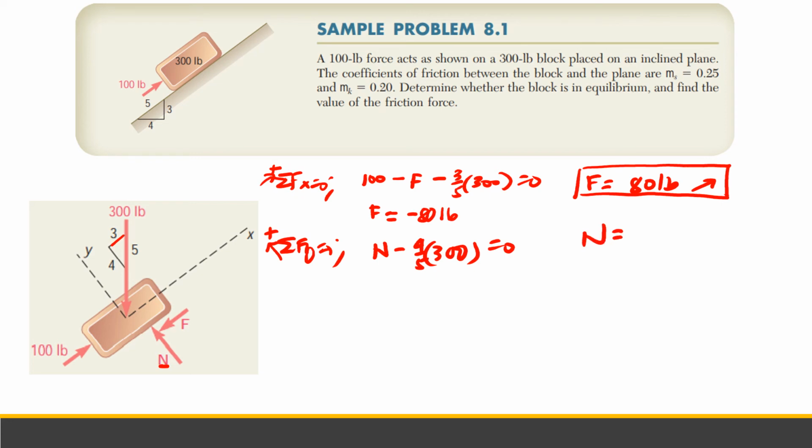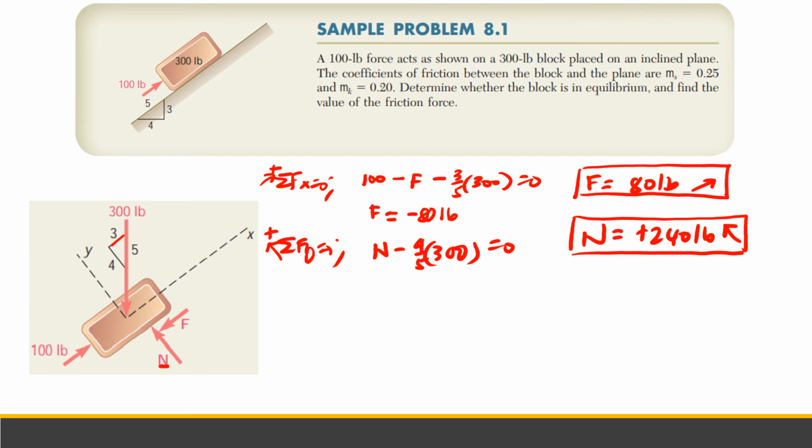N is always against the body, that is the reaction. So N is positive 240 pounds.